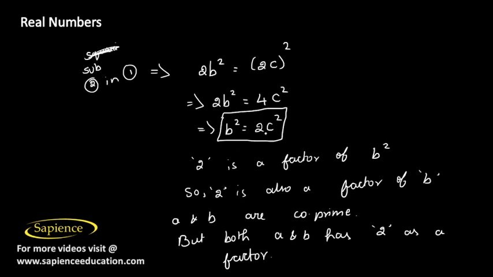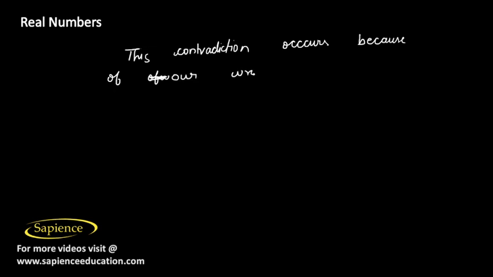But now we are getting a and b have 2 as a factor. So we can conclude that this contradiction occurs because of a wrong assumption. Hence root 2 is irrational.